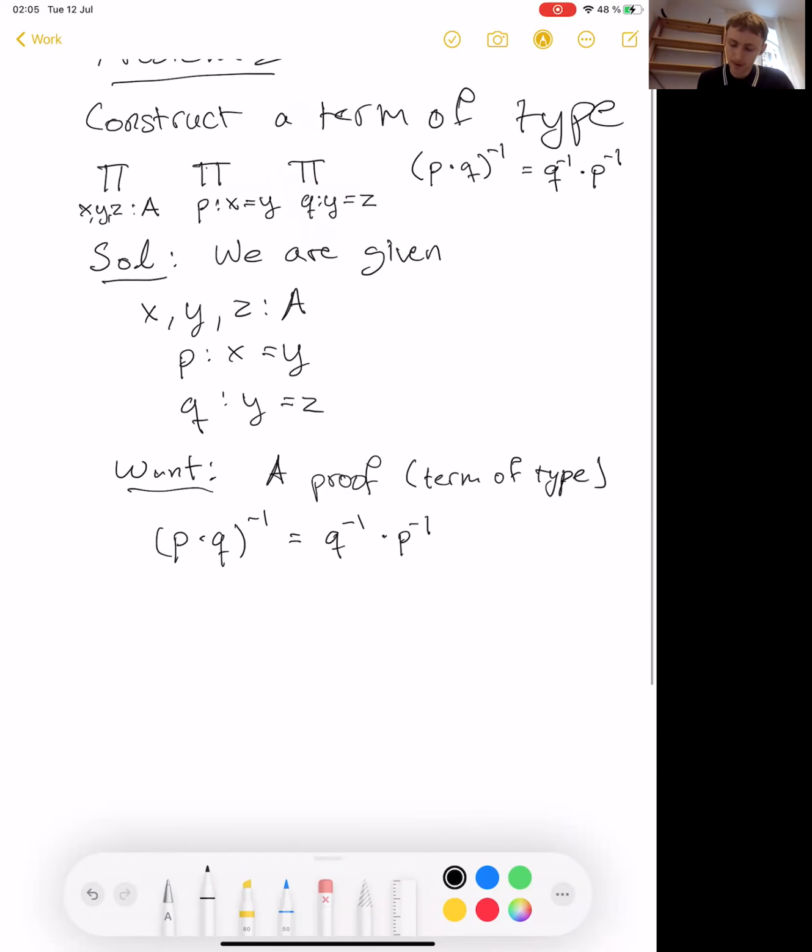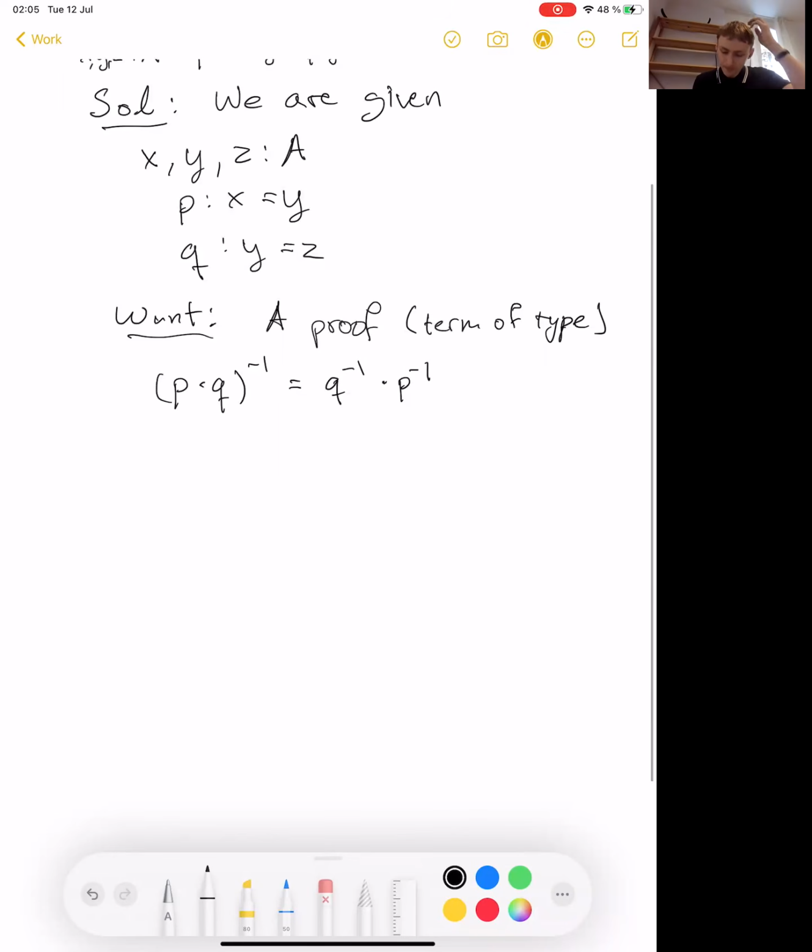Because that's precisely how you construct something of a pi type, right? You introduce the arguments X, Y, and Z. You introduce P and you introduce Q, and you produce a term of this guy, right? Okay. Well, this is super nice, this situation now, because we have 3 points here.